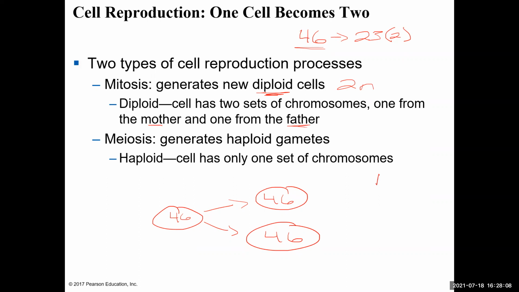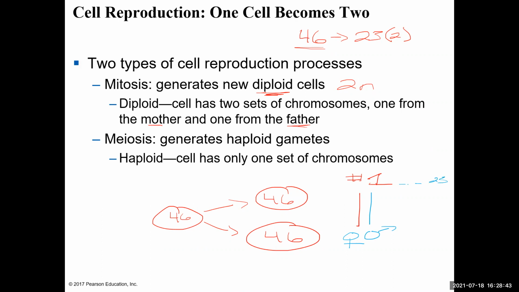For example, for chromosome number 1, you'll have two copies: one copy from the mom and another copy from the dad, your paternal and your maternal copy. And that's the case for all 23 chromosomes, numbers 1 all the way to 23, with two copies each.